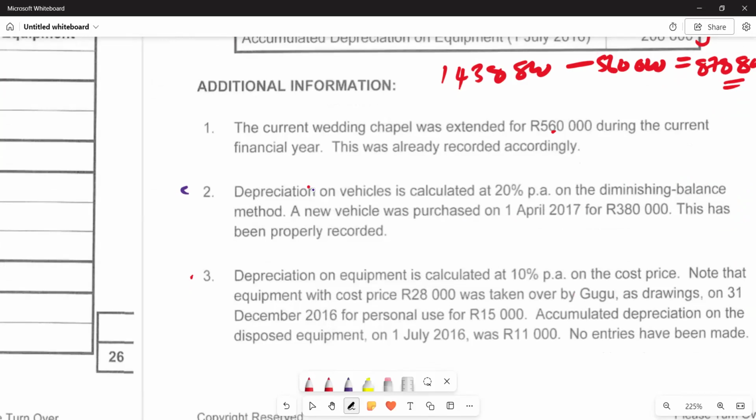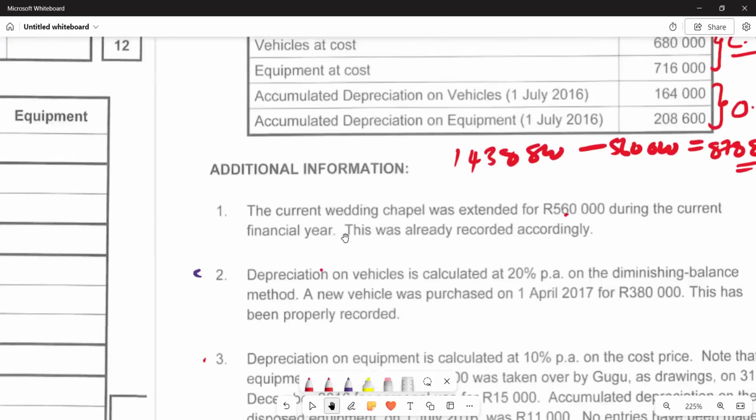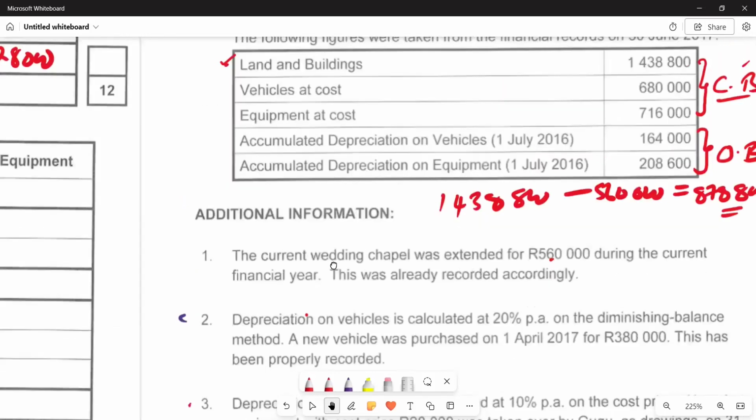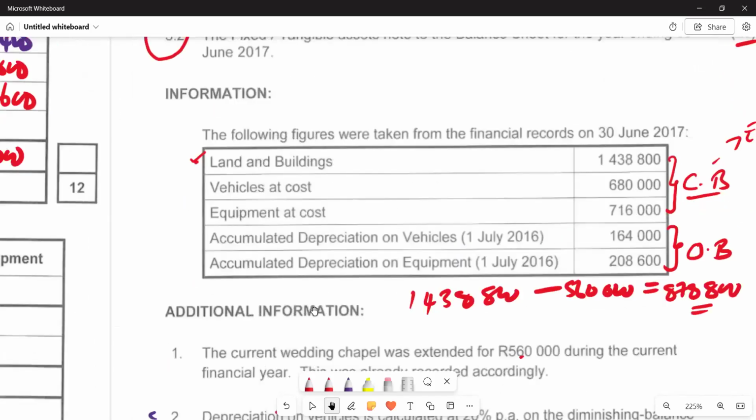This has been properly recorded again. So it means this 380,000 is inside the figure that we are given in the list of balances, since the balance of cost that we are given there is at the end of the year. So to get the balance at the beginning, the figure that we have for vehicles is 680,000.